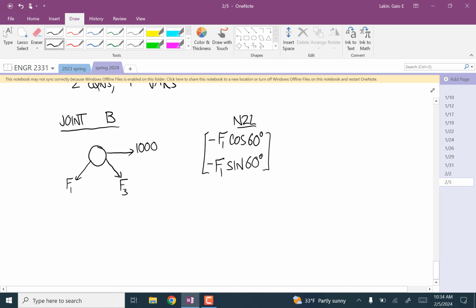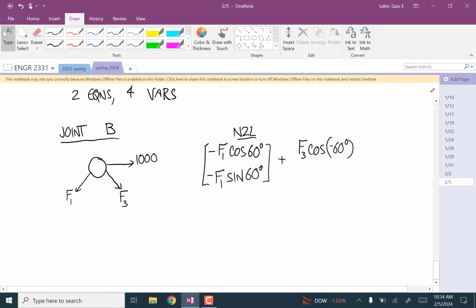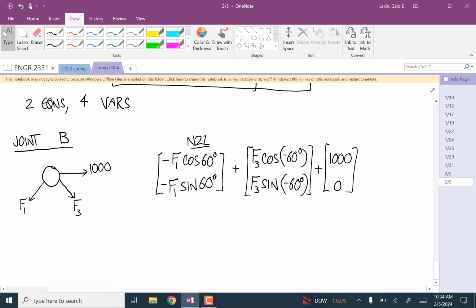This one is negative 60 degrees. So I'll write this as F3 times cosine of negative 60, F3 times the sine of negative 60, plus 1,000, 0, is equal to zeros.